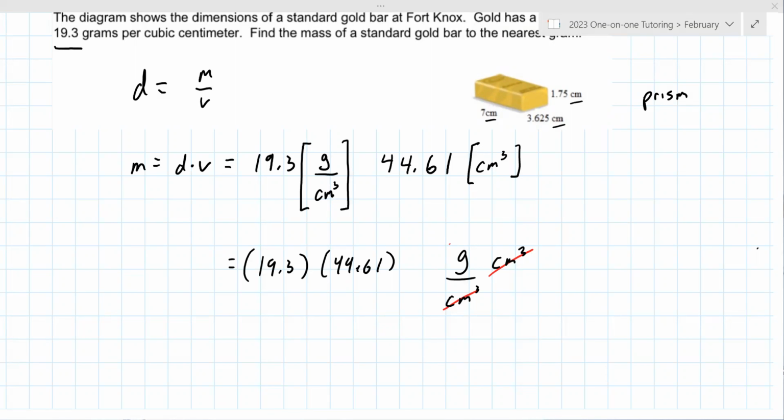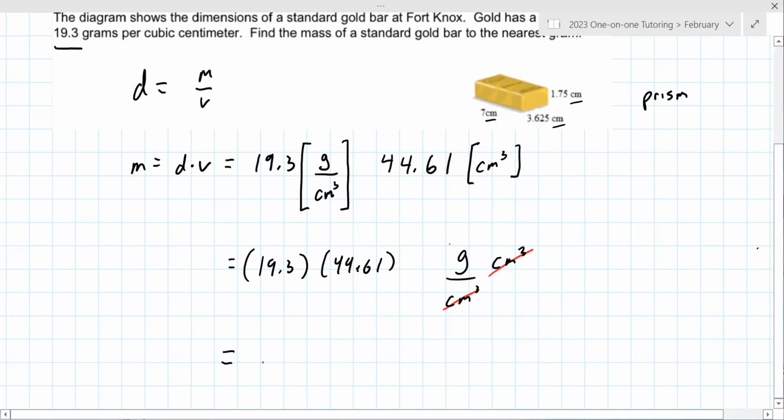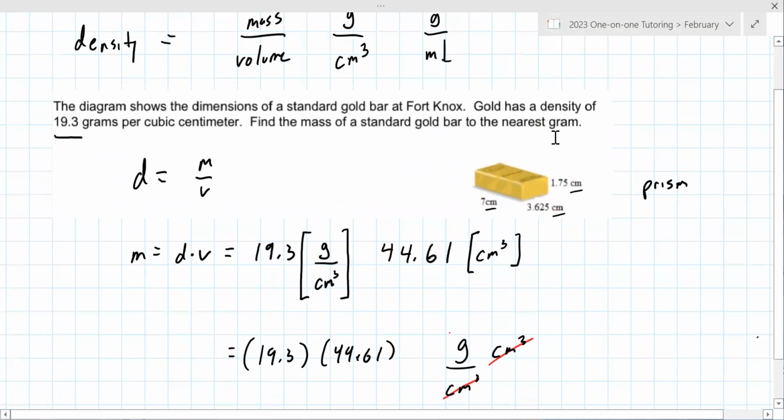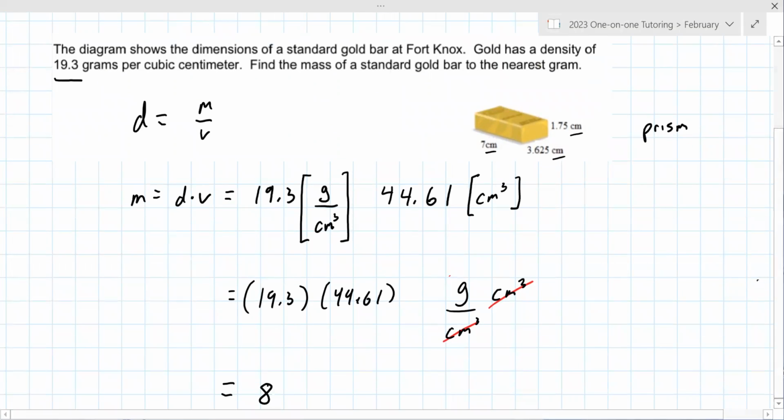So it does say to round to the nearest gram, the ones place. So give me your final answer here. 861.5 grams. So to the nearest gram means the ones place. That means no decimals. Give me 19.3 times 44.61, and then you're going to round that number.